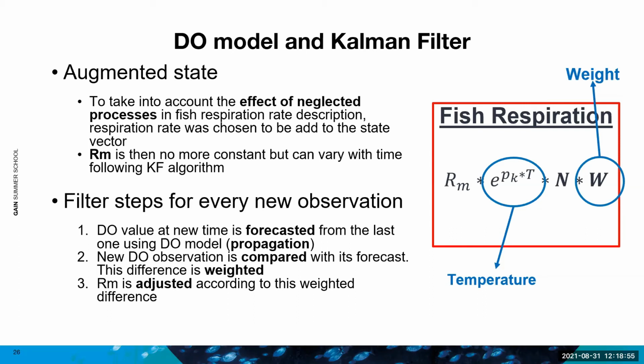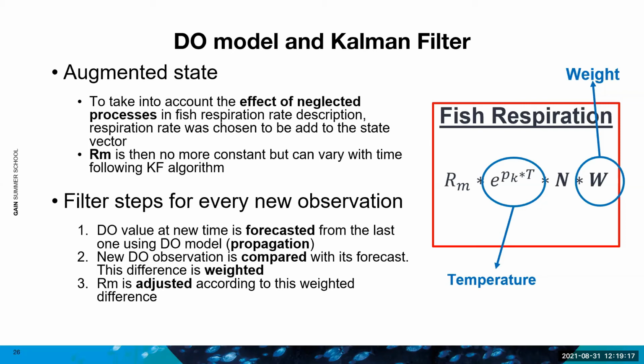N is the number of fish in the raceway. So the two main drivers are temperature and weight. This means we decided not to take into account other kinds of influence on the respiration rate of the fish.